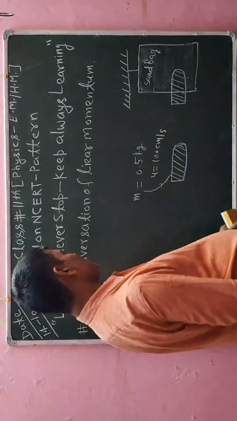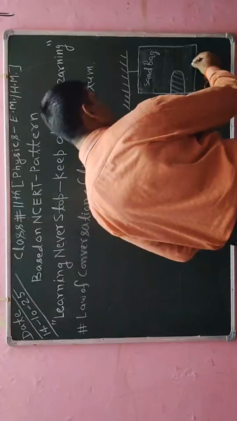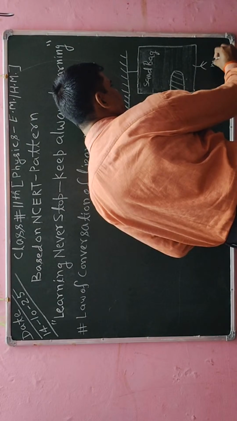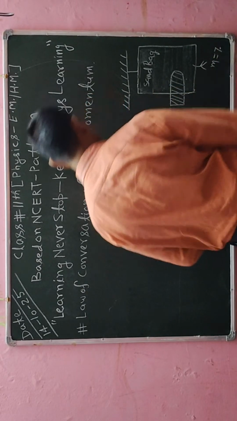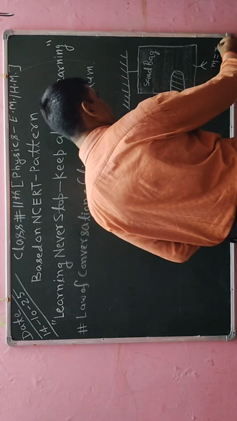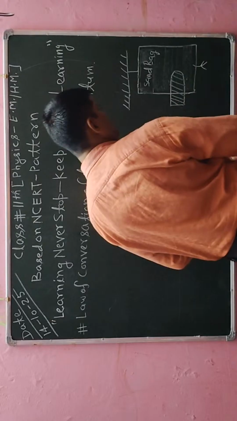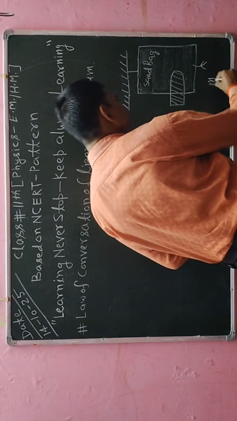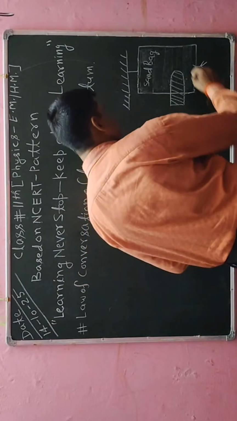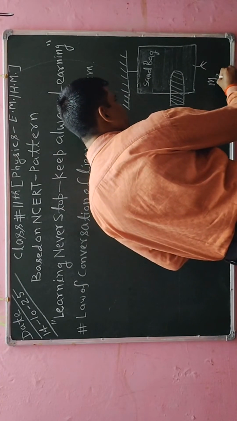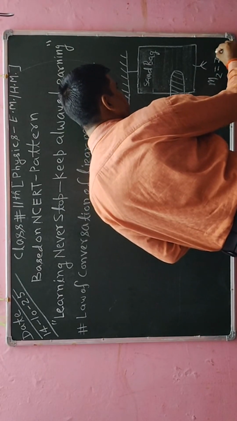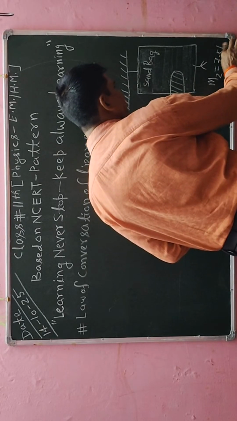Now I will say this sand bag has mass 7.5 kg. I will write this is the mass m1 of this object, and this is the bag mass m2, that is the second object, 7.5 kg, that is given in the MKS system.